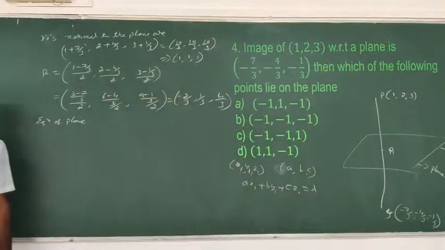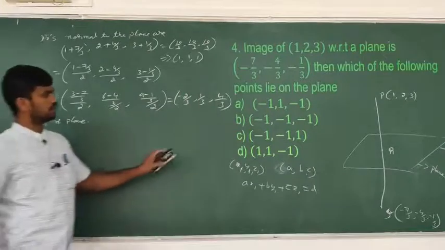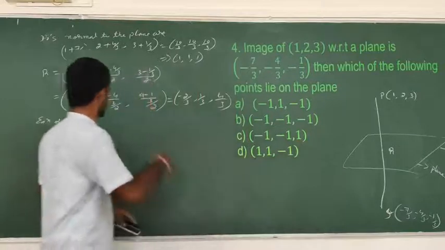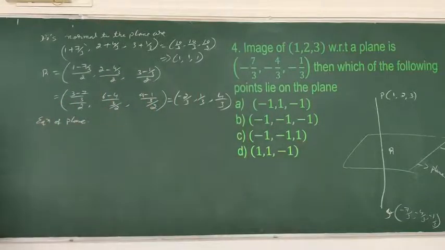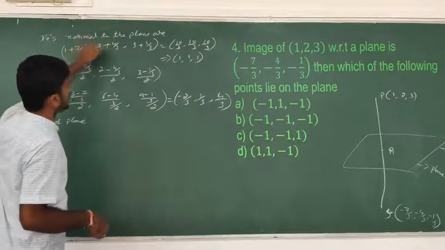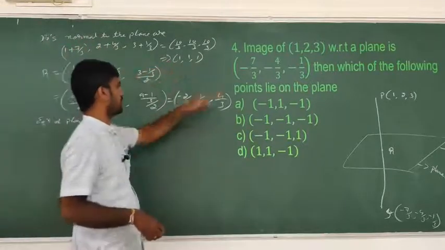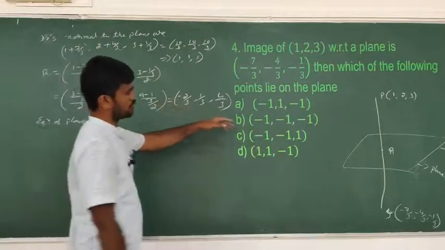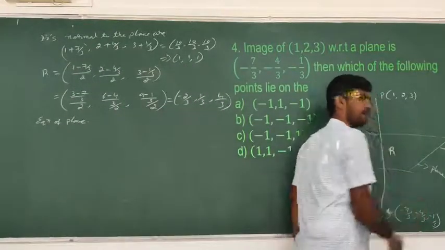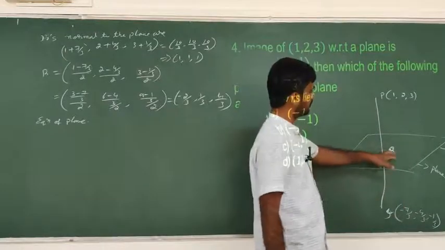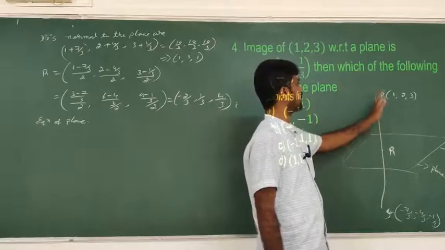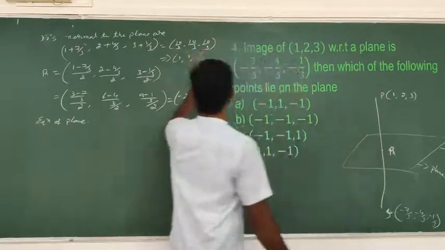We already have the direction ratios normal to the plane, 1, 1, 1. The point R is the midpoint and lies on this plane P, therefore this plane passes through the point R and is perpendicular to the direction ratios 1, 1, 1.